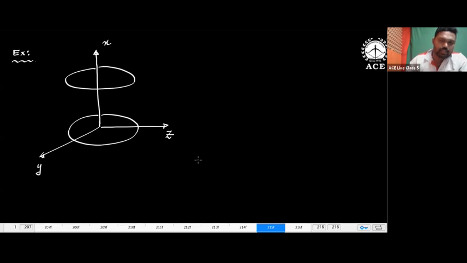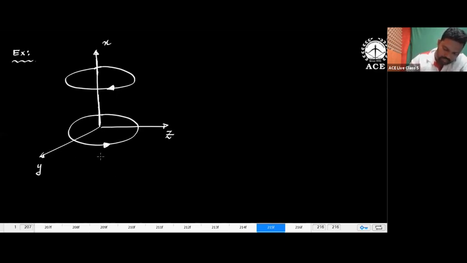There are two loops here. Yes. So the current is flowing here. In this loop, the current is flowing like this. In this loop, the current is flowing like this. Clear? Yes. And this is having a radius.